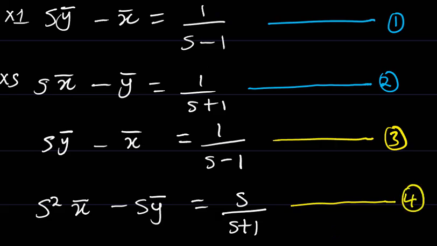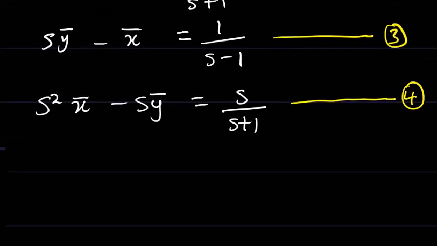For me to eliminate y bar, all I need to do is add equation 3 and equation 4, because s y bar plus minus s y bar will give me 0. That simply means that y bar is gone.